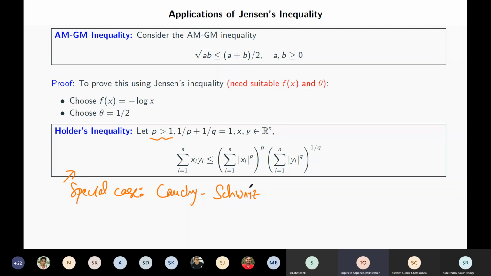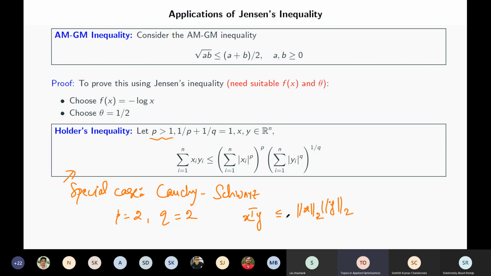So to get Cauchy-Schwarz, what are the changes I have to do here? What are the parameters I should choose? p is equal to 2, and q equals 2. So both p and q are 2. Then this is indeed x transpose y is less than or equal to norm x times norm y.